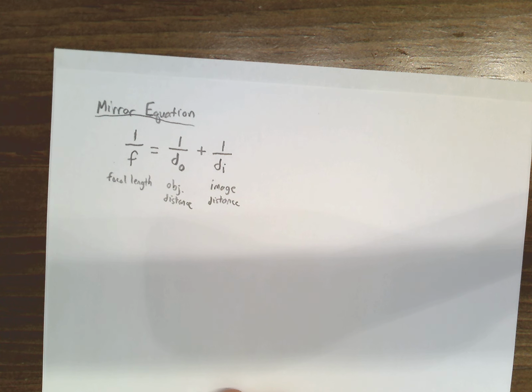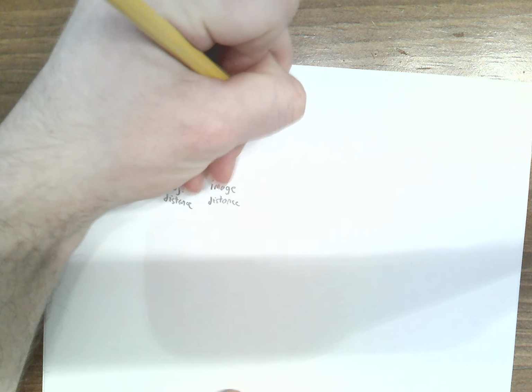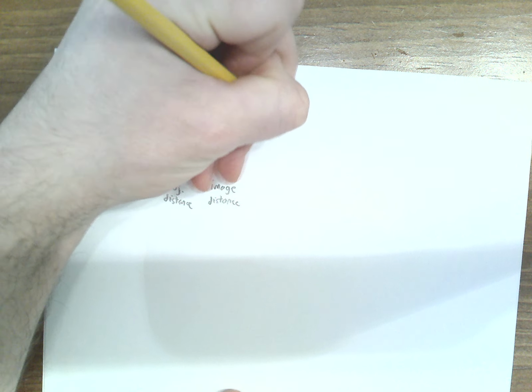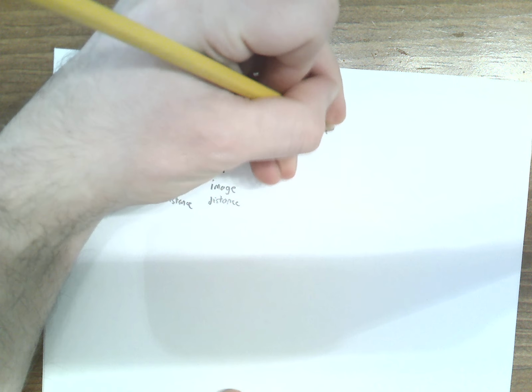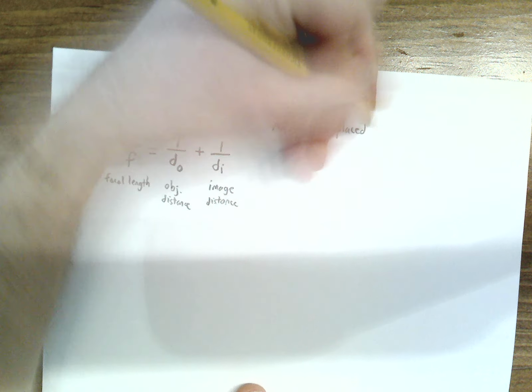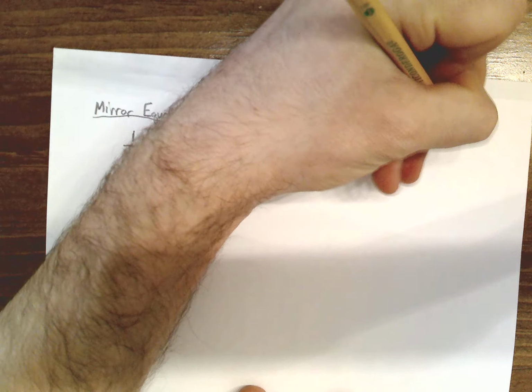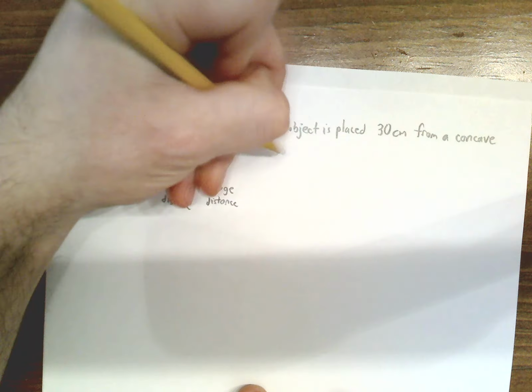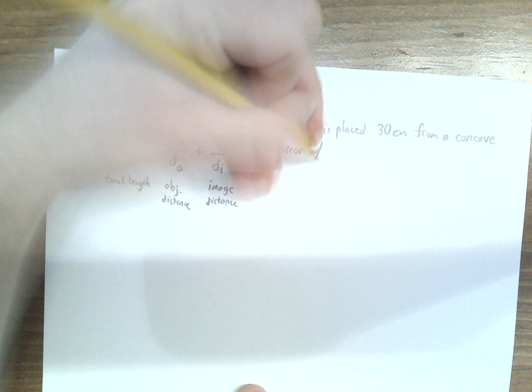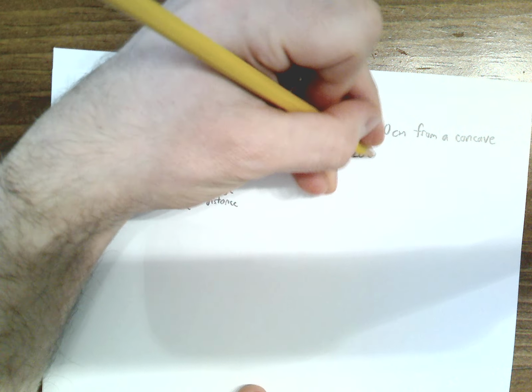So rather than drawing the rays, I would honestly do both. I would draw the rays first, at least sketch them to get an idea for what should happen, and then I would use the math to come in and confirm your suspicions. So the example might be, instead of drawing what we did, we could say an object is placed 30 centimeters from a concave mirror with focal length 20 centimeters.